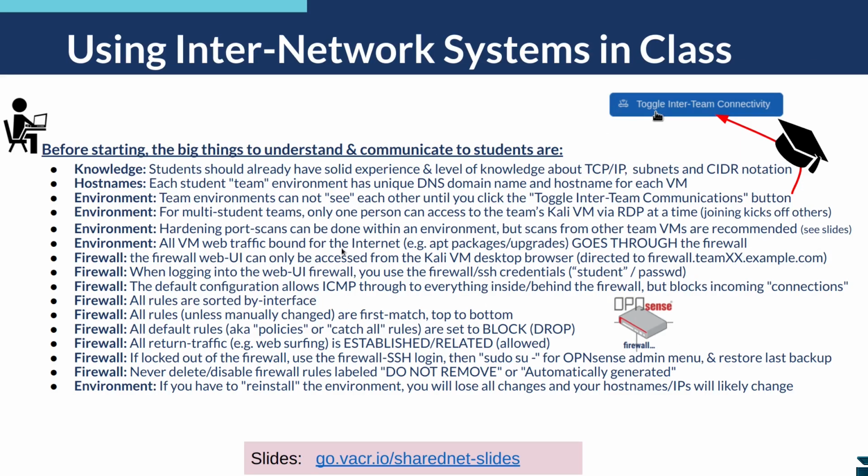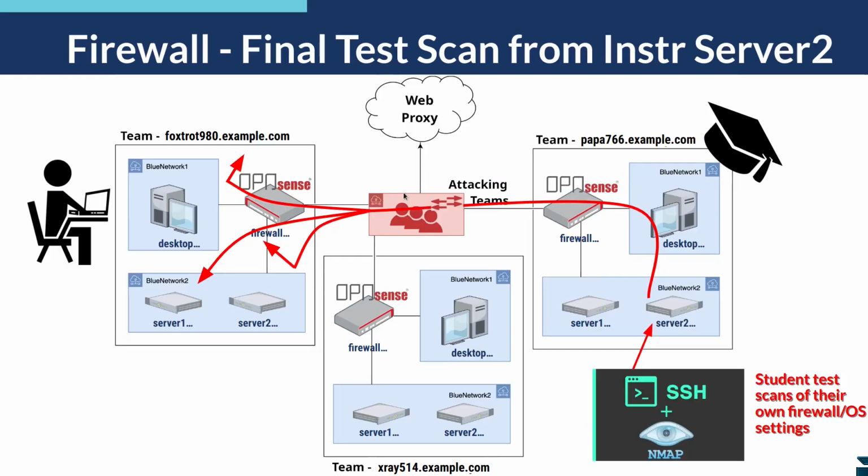All VM web traffic bound for the internet, like running apt package upgrades, goes through the firewall. So if they've somehow locked themselves out of this traffic, from getting to the firewall and out to the internet, that could be a problem. By default, that traffic is allowed. And the important thing is established and related traffic.